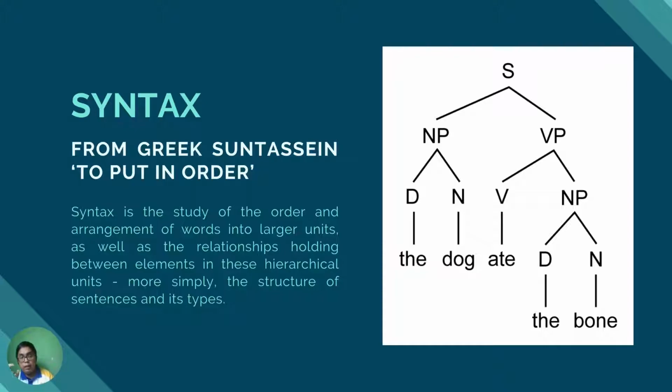Now, we are talking of hierarchy, and to arrange them hierarchically, we look at the category of a word. Of course, we know what a noun is, we know what a verb is, but what makes them a noun is also what we need to discover in syntax so that we will know where to properly place it.